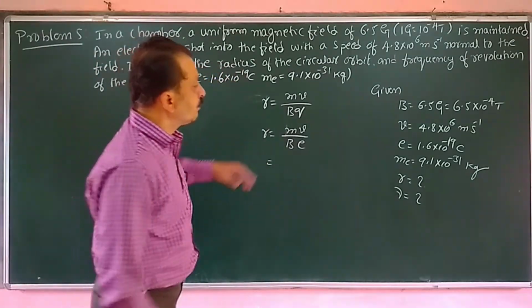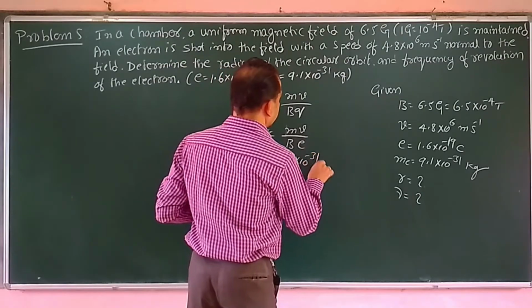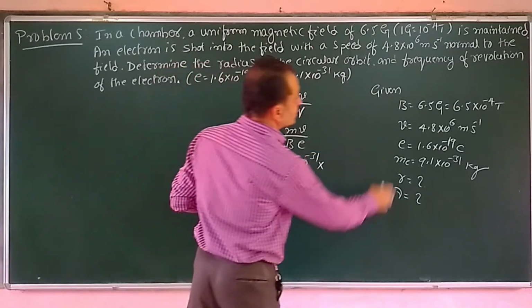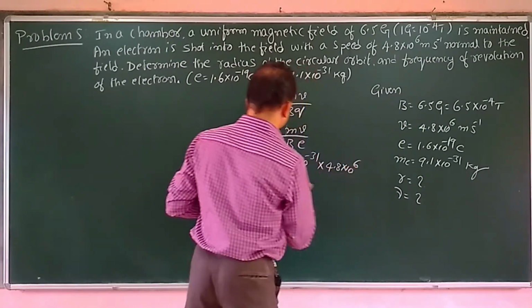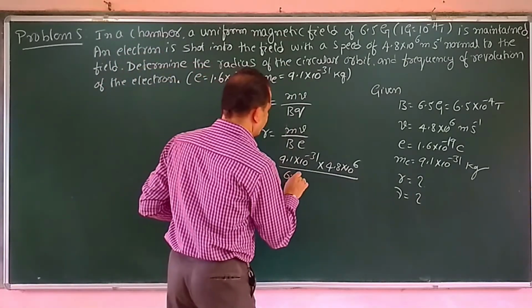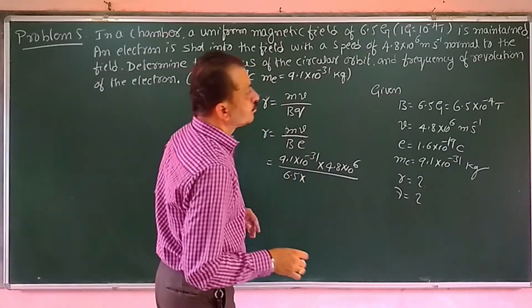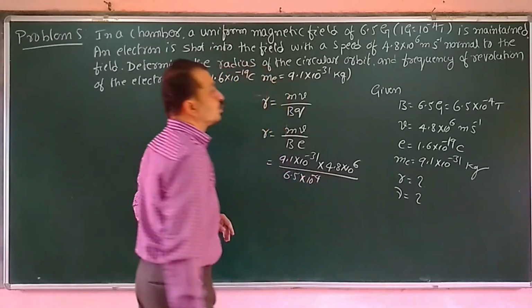Now m is 9.1 into 10 raised to minus 31. Velocity is 4.8 into 10 raised to 6, divided by magnetic field 6.5 into 10 raised to minus 4.